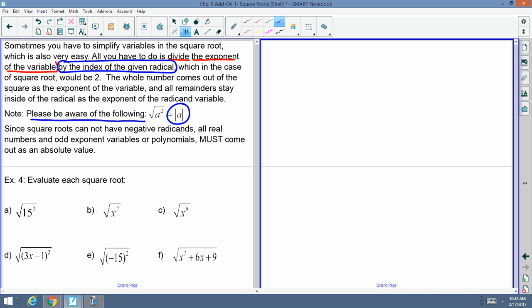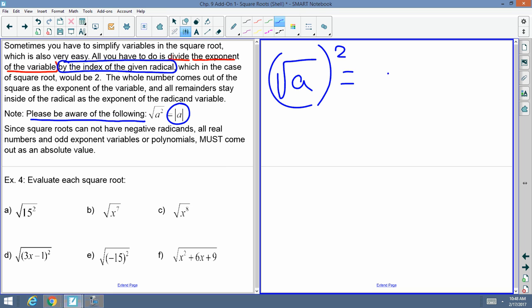We said a few minutes ago that if I had the square root of a squared, it equaled a straight up. And that's right, that's accurate. There's nothing wrong with that. But now, you're telling me that when I have the square root of a squared, it comes out as an absolute value. Okay, now you're confusing me, buddy. Why did I do that?